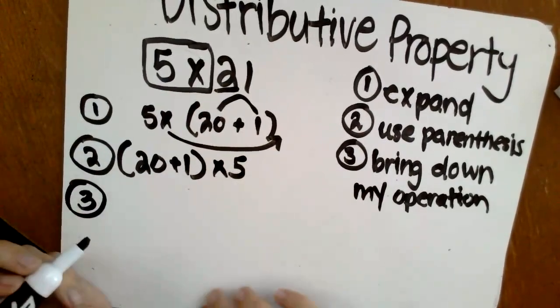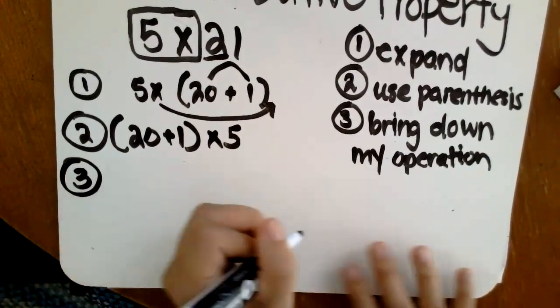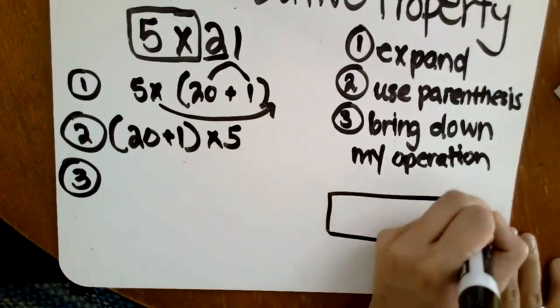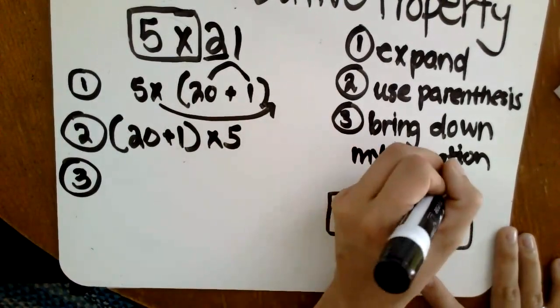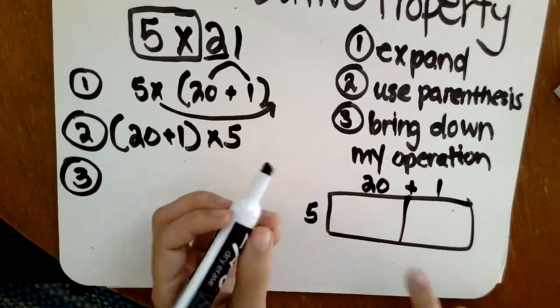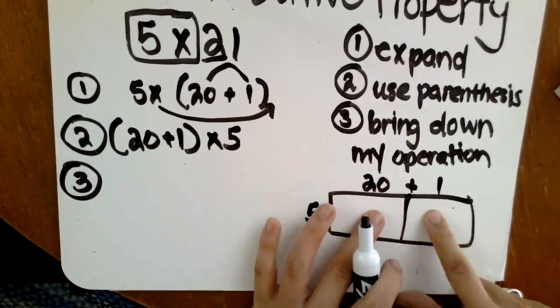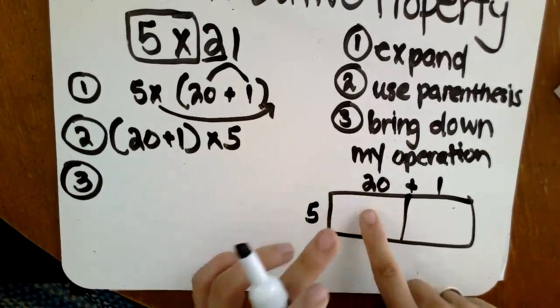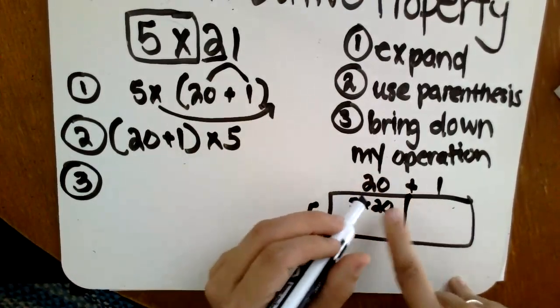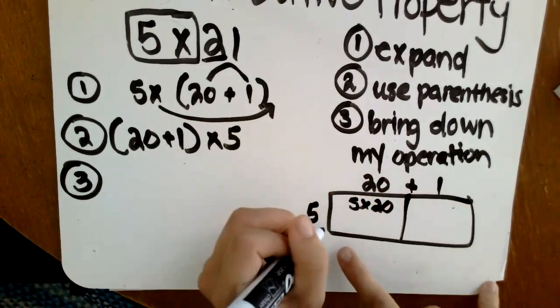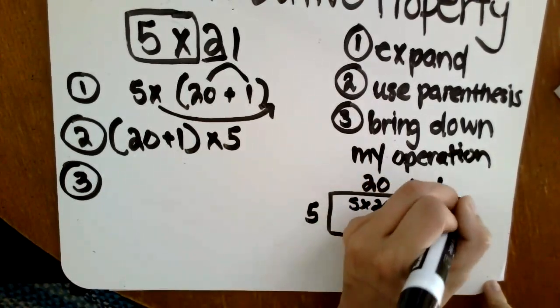Another way to represent this number is to break it down into its box method, right? Which would be 20 plus 1, and you put them into their simplest form. So I would be doing 5 times 20 to distribute, and I would distribute 5 times 1.